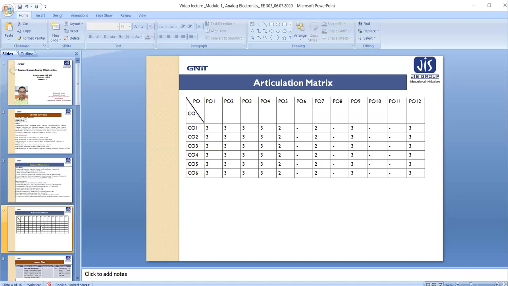The number of POs are PO1 to PO12, and the number of COs will be CO1 to CO6. Individual CO will be mapped to different POs according to some extent. Here 3 means mostly related, 2 means correlated with that particular PO to a somewhat lower extent.